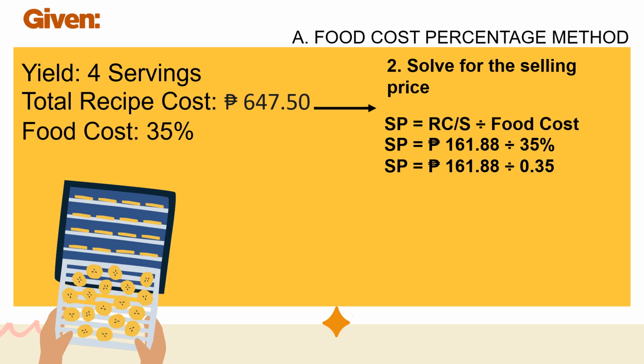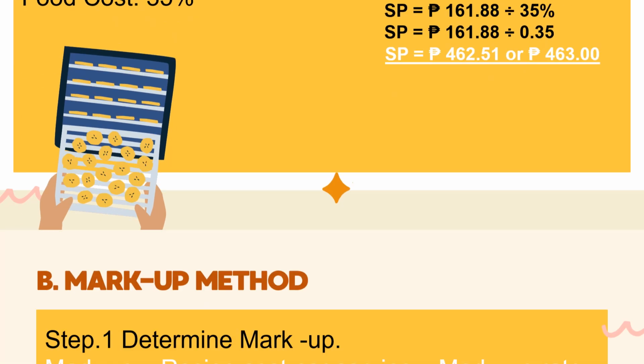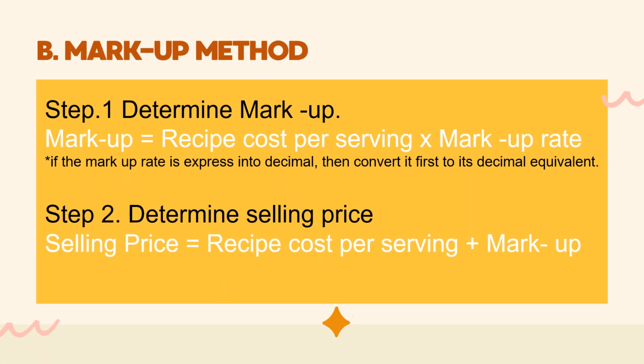So 161.88 divided by 0.35 is equal to 462.51 or 463 pesos.